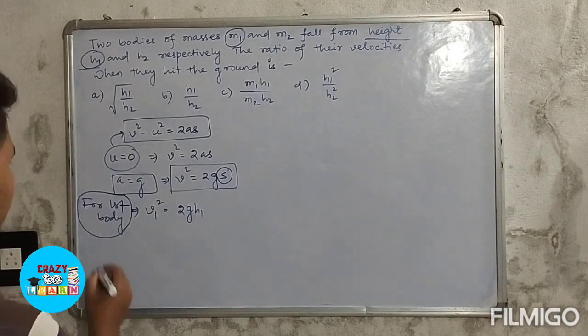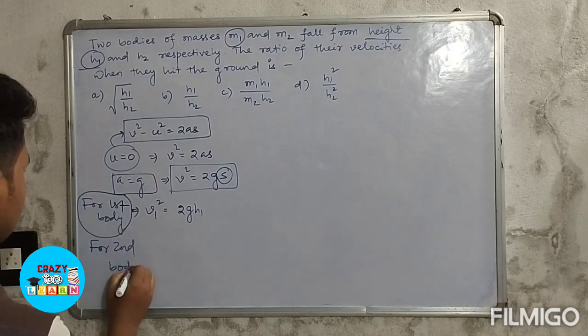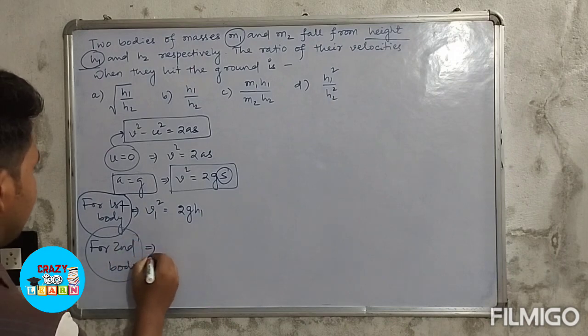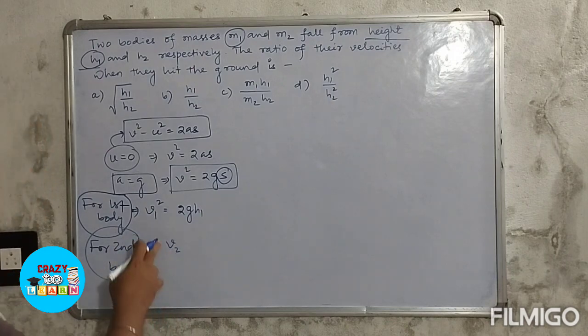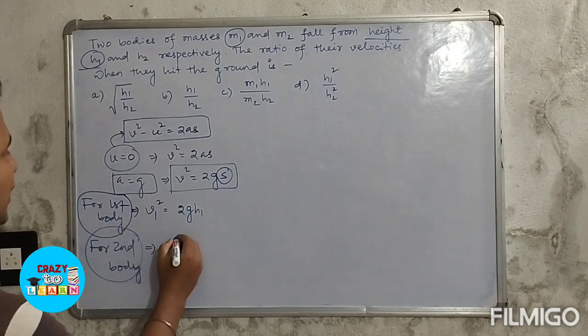Then for the second body, the velocity is v2.